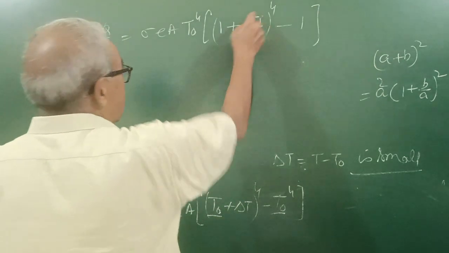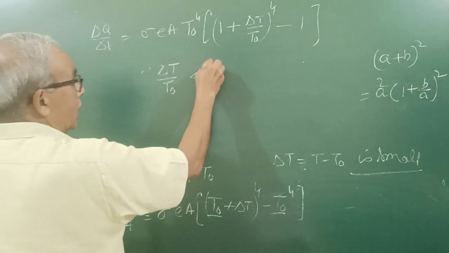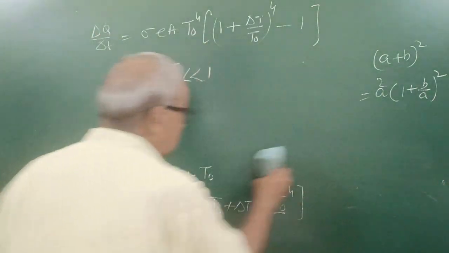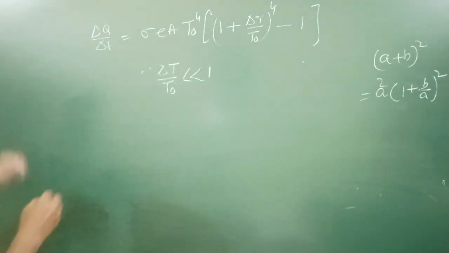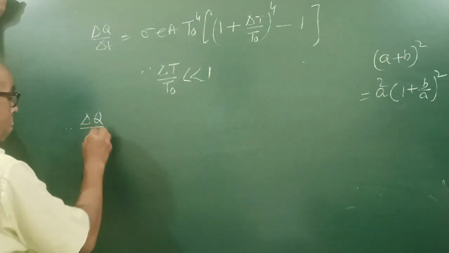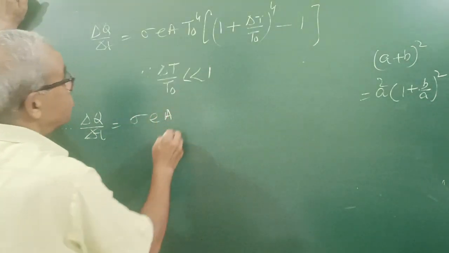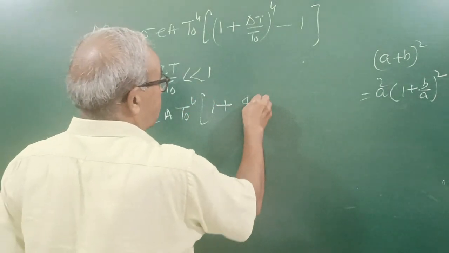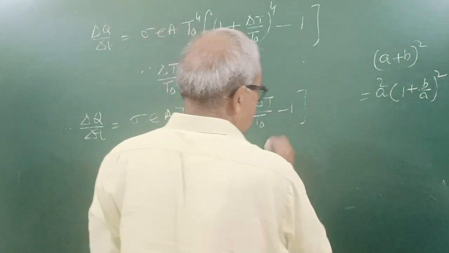Now here, since delta T upon T0 is less than 1, because delta T is very small, by binomial expansion, delta Q upon delta t equal to sigma E A T0 to the power 4 [(1 plus 4 delta T upon T0) minus 1].